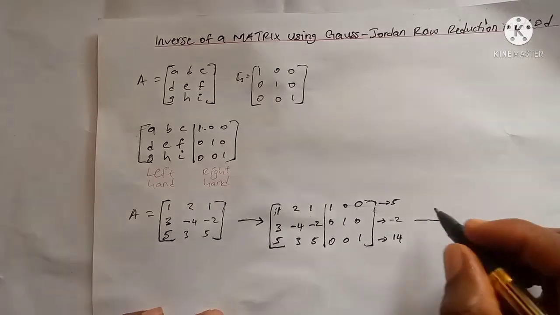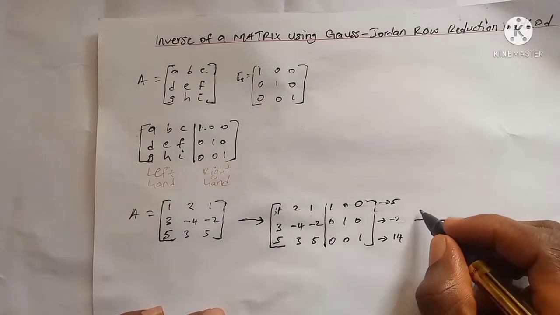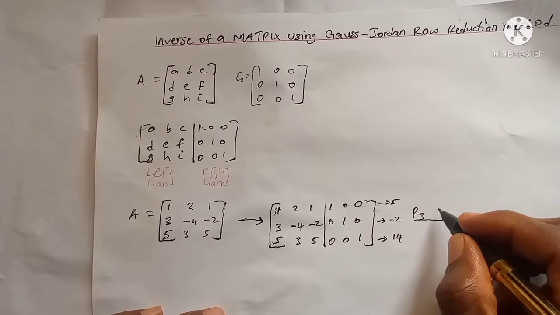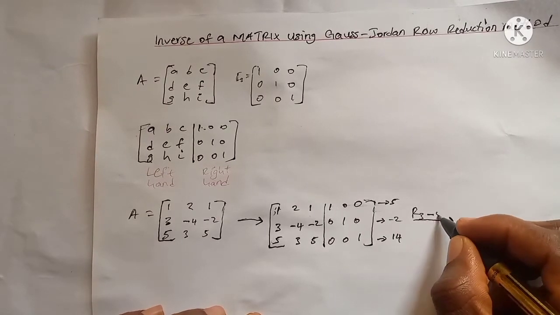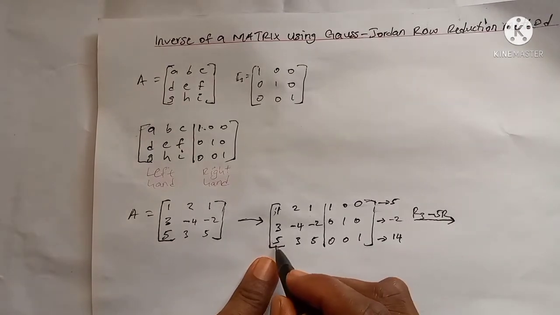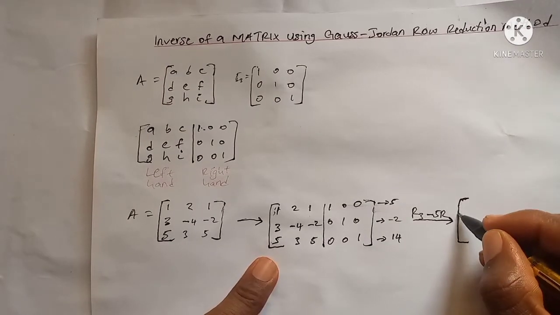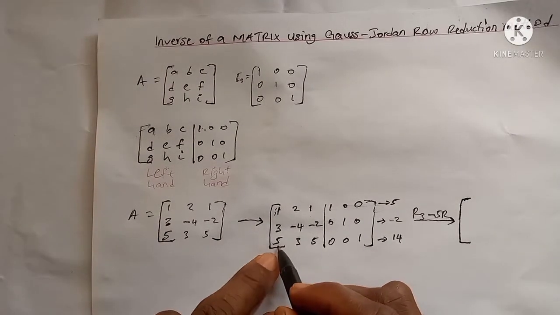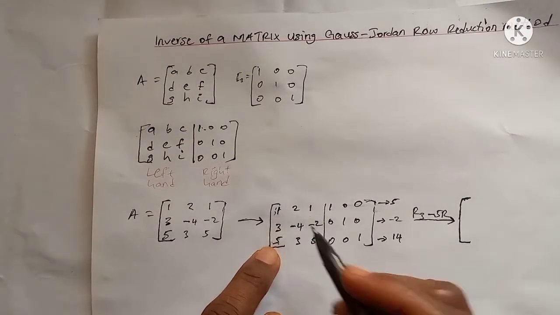If you subtract 5 times row 1 from row 3, you are going to get 0 here. What do I mean? 5 minus 5 times 1.